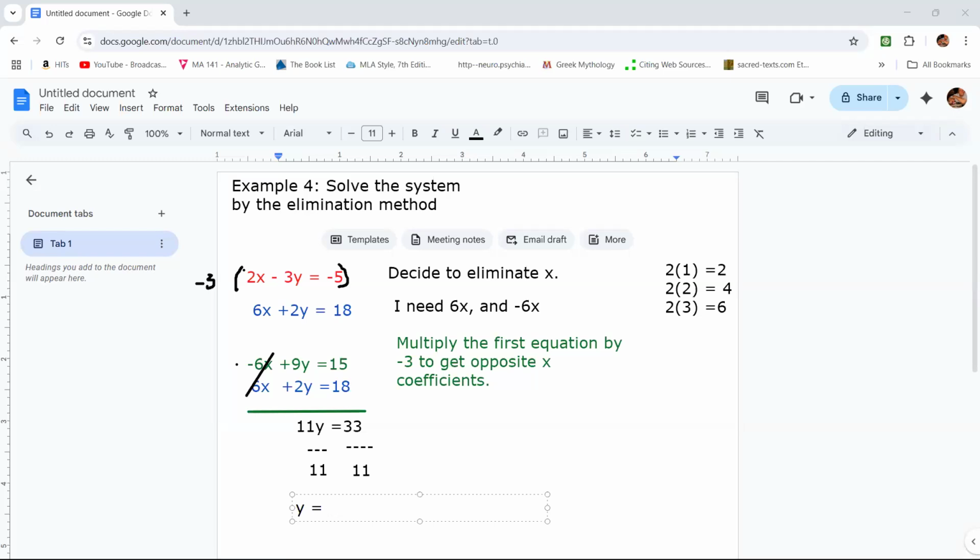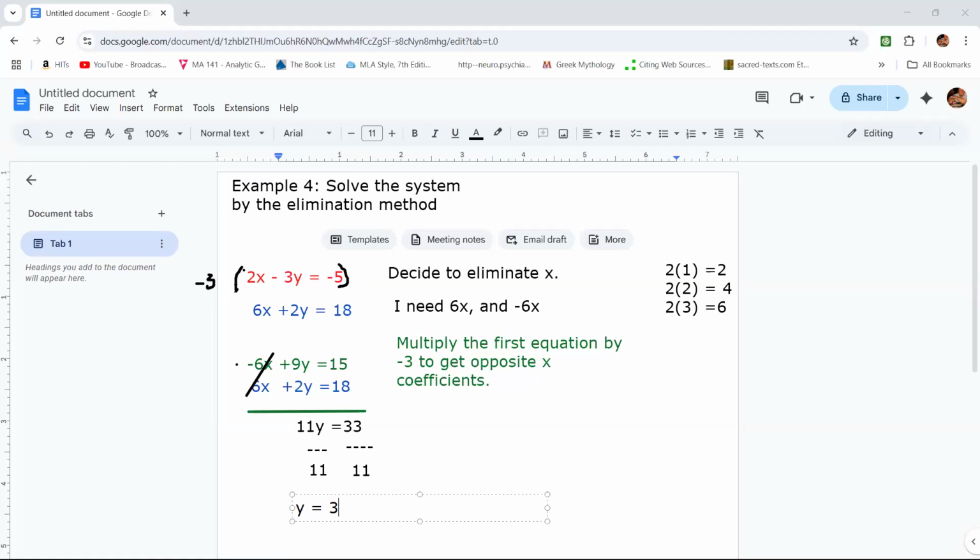Y equals 3. Now, I can take this 3 back to this red equation here, the blue equation here, 6x plus 2y is 18, or even this green equation down here, but I like to use one of the original equations.